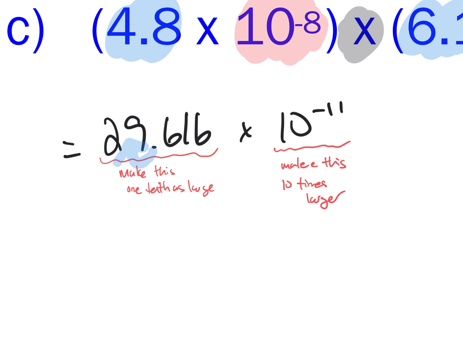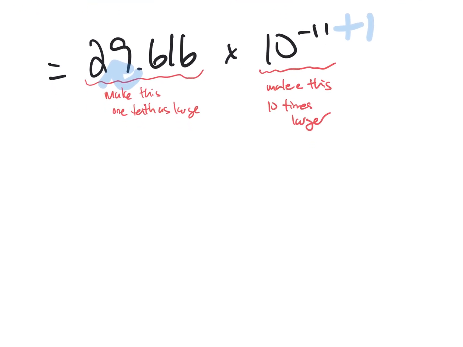And at the same time, if we made the first number smaller, we have to make the exponent bigger. So we're going to take this exponent and add 1 to it. You have to do those things together. You have to make one of them smaller and one of them bigger.